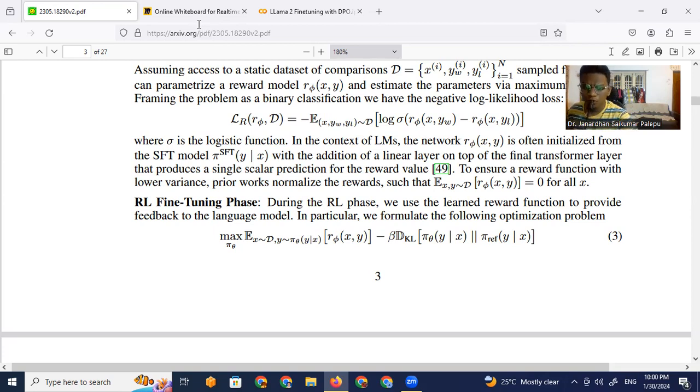Here we compute it between pi theta and pi ref. Pi ref is the pre-trained model before fine tuning, before the RLHF phase, and pi theta is the current model after updating the weights. We make sure the current model is similar to the previous model.